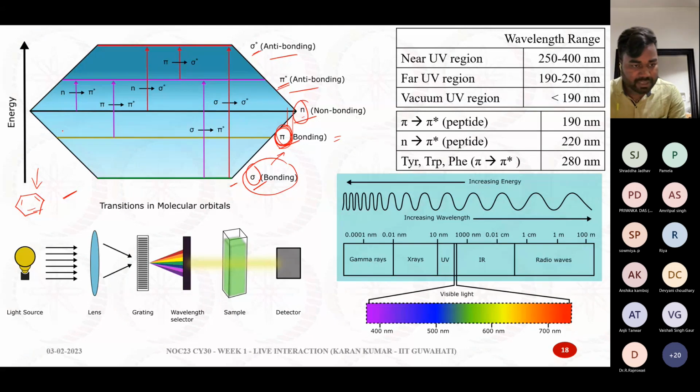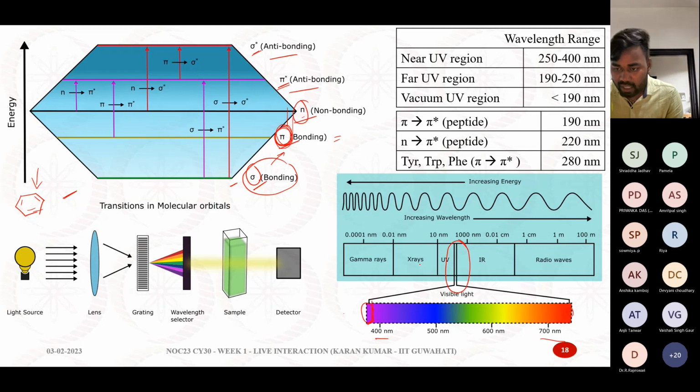you expose this to light? The light that we see is visual light, which is only a small part of the electromagnetic spectrum, from 400 nanometers to 700 nanometers. 700 nanometers is the red light area, while the violet region is the lowest wavelength region of visible light.